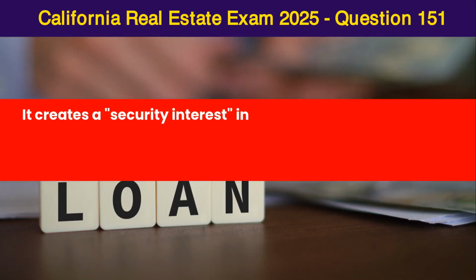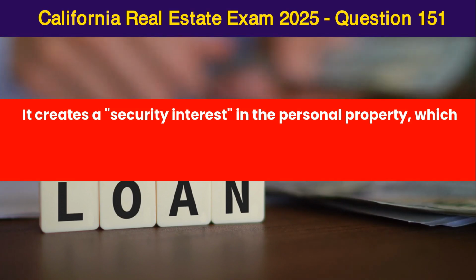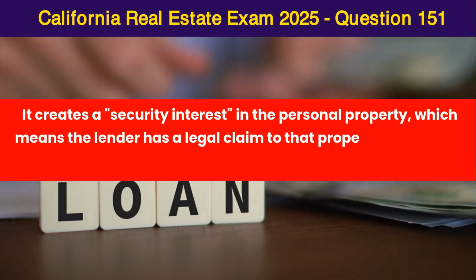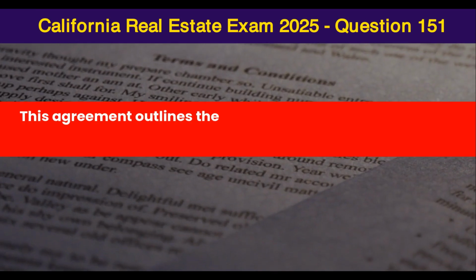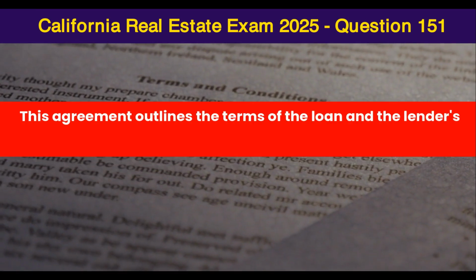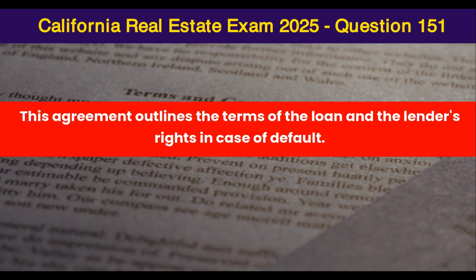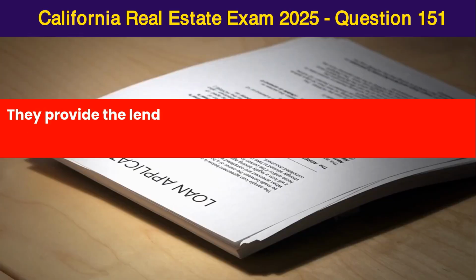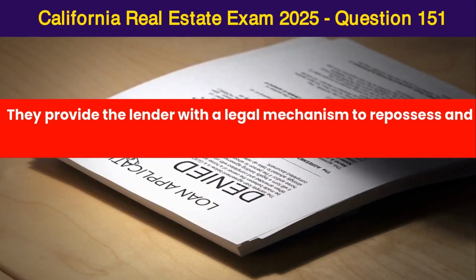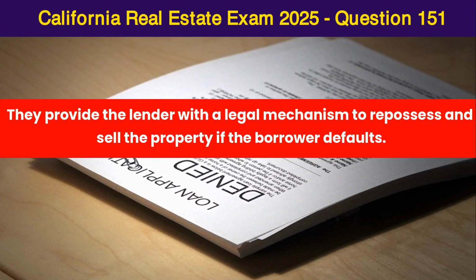It creates a security interest in the personal property, which means the lender has a legal claim to that property if you fail to repay the loan. This agreement outlines the terms of the loan and the lender's rights in case of default. Both agreements serve as a form of collateral for a loan. They provide the lender with a legal mechanism to repossess and sell the property if the borrower defaults.